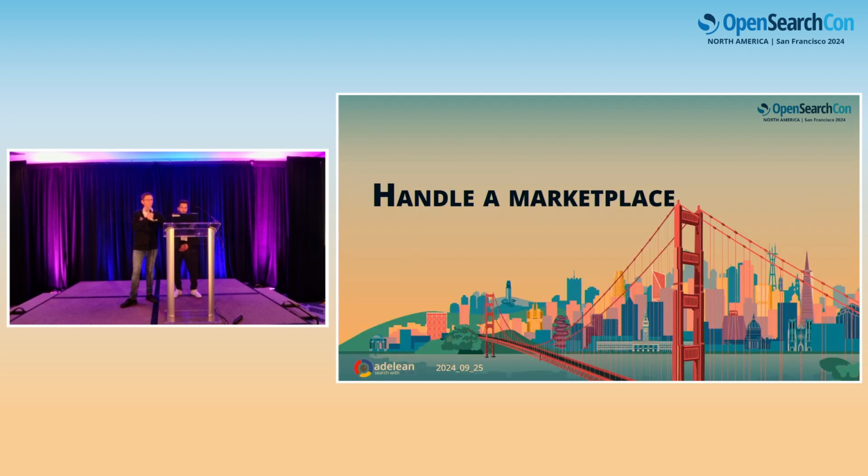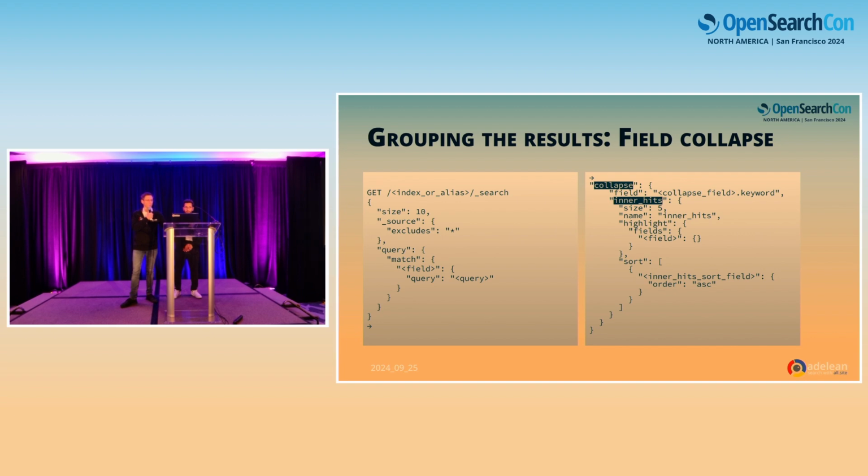We talked about marketplaces, which we also see very often in e-commerce. And this is a query that's the Swiss Army knife of marketplaces, should I say. It allows you to deduplicate results when you have the same product that comes from different vendors.